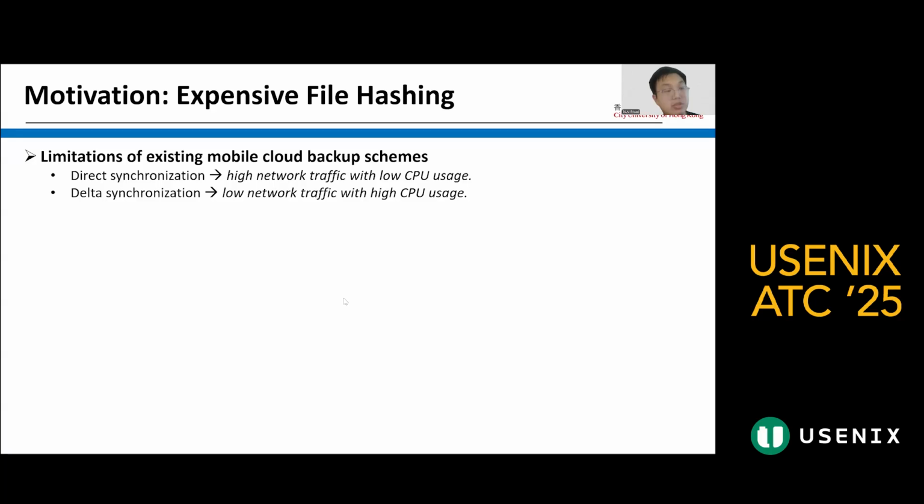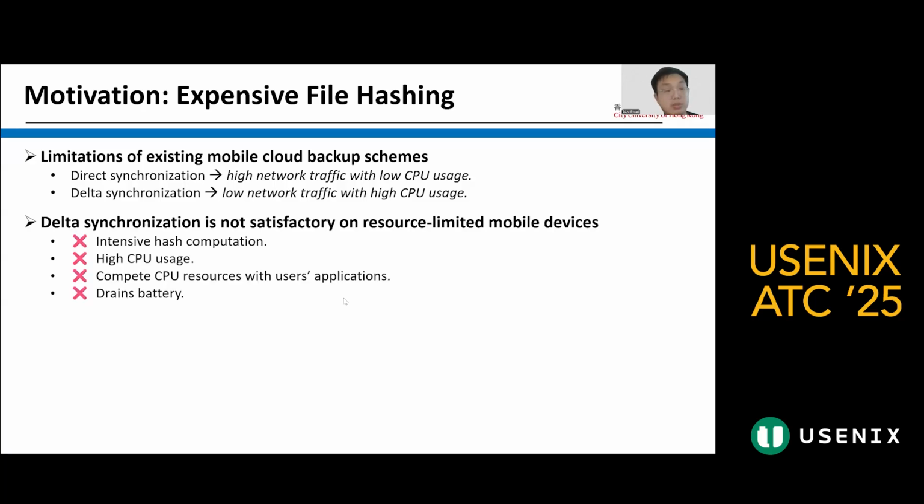And if we use delta synchronization, of course it can reduce the network traffic, but it will increase the CPU usage because there is intensive hash computation, and the computation will lead to high CPU usage.